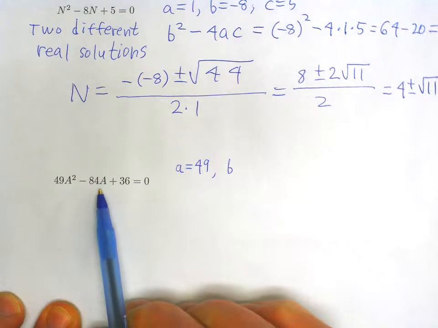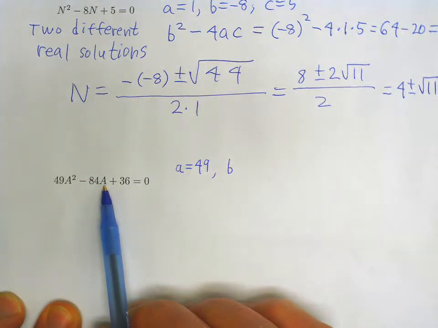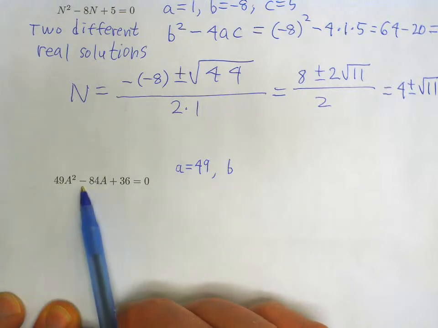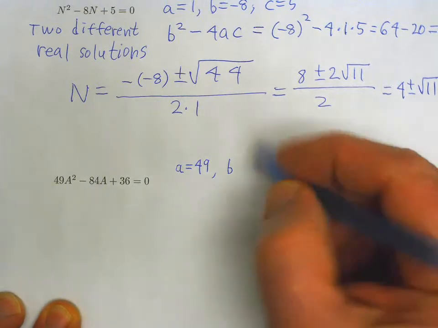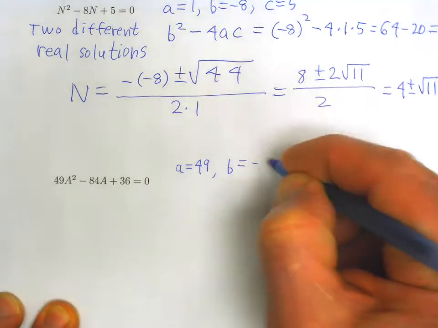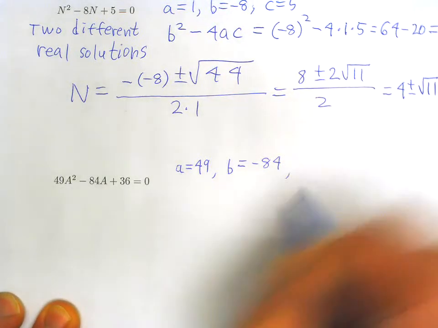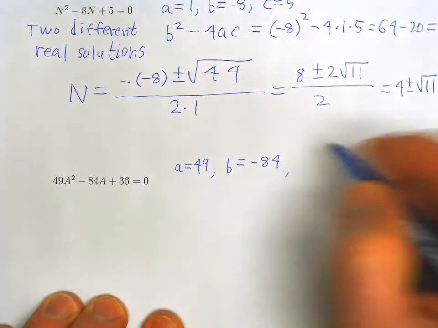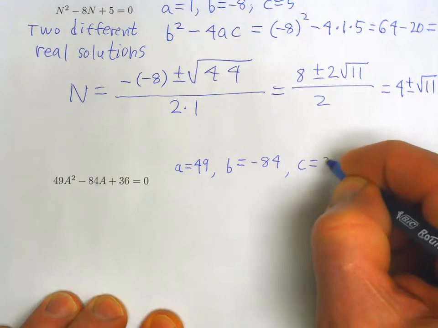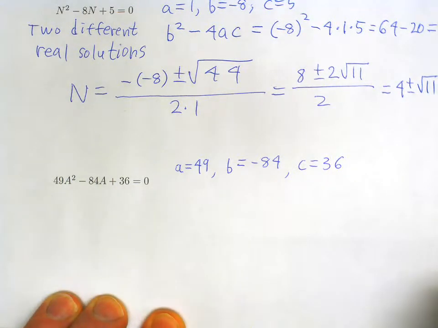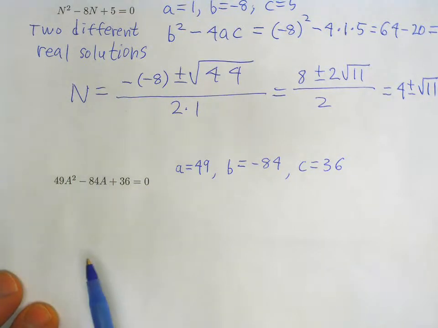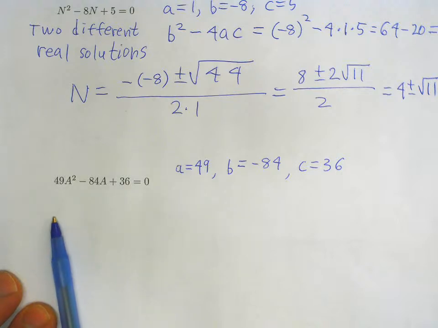Lowercase b is the coefficient of the linear term, so the value of b is negative 84. And c is the constant, positive 36.